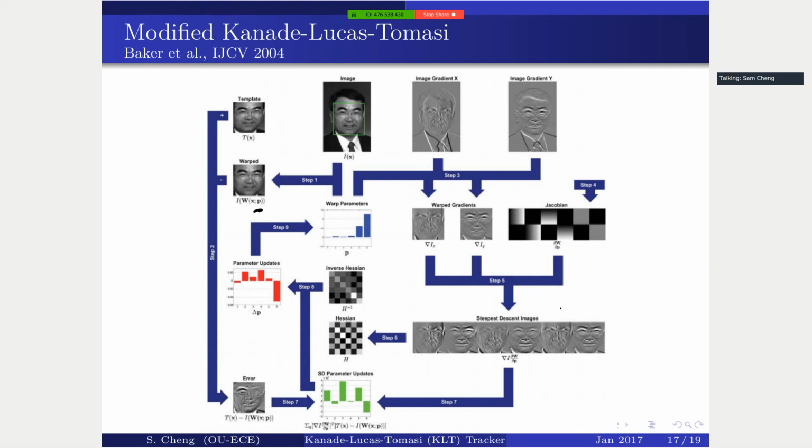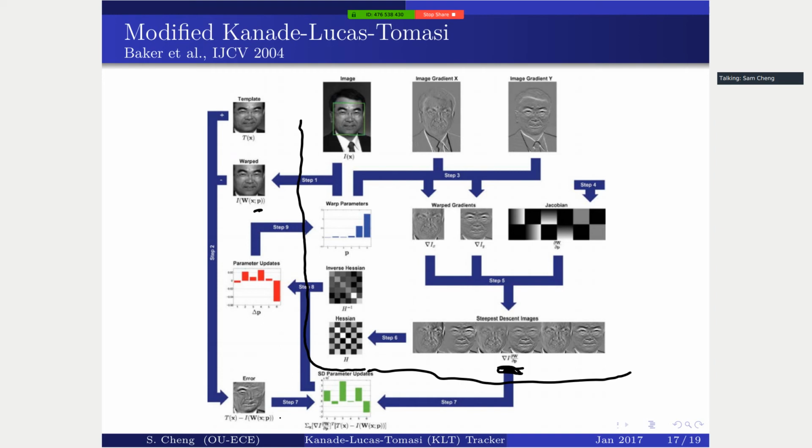Then eventually I compute this one, the gradient multiplied by the Jacobian, and then the Hessian. What I want to point out mainly, and you can read it more carefully if you're interested, is that everything here you only need to do once.